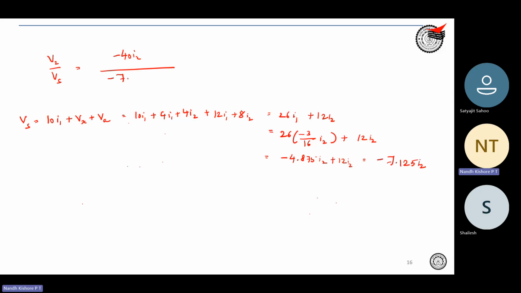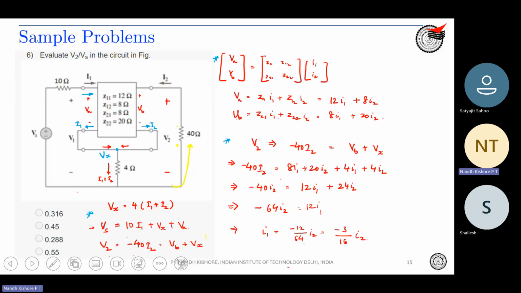Oh, sorry. Plus 7.125 I2. Okay. Yeah, somewhere around 5.6. Do you understand the procedure? Okay, so apparently there is a mismatch.